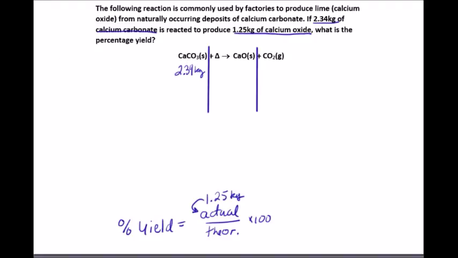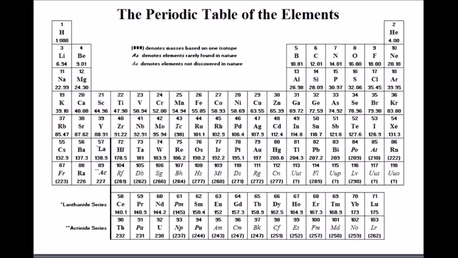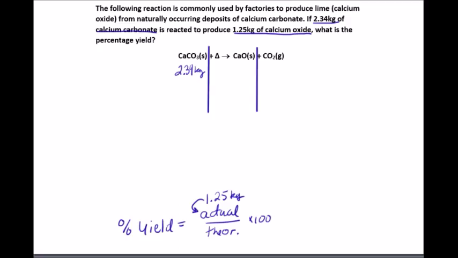Calcium, if we look at our periodic table, is 40.08, our carbon is 12.01, and oxygen, of course, is 16. You probably already remember that one. Okay, so calcium was 40.08, carbon 12.01, and oxygen is 16 times 3.